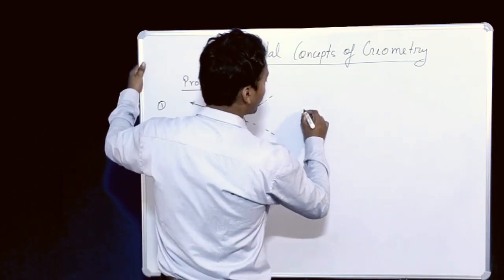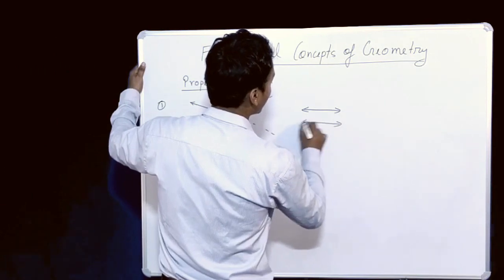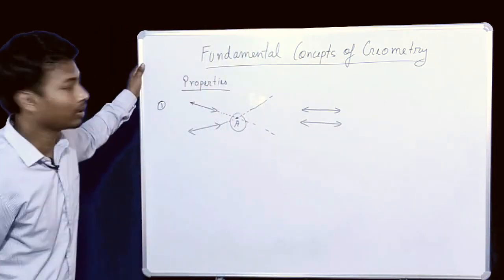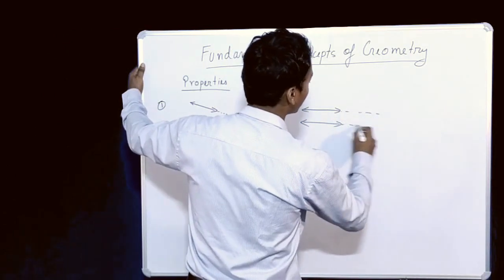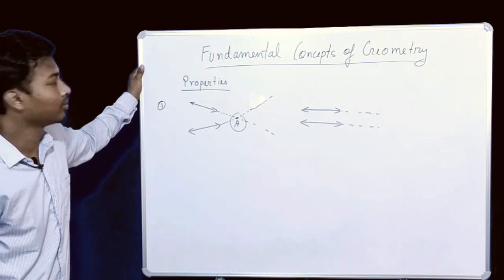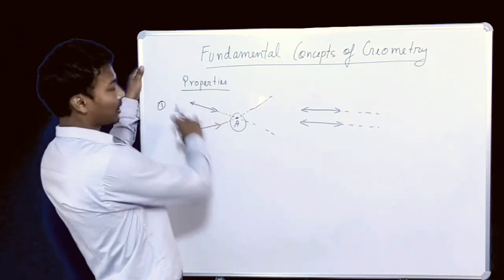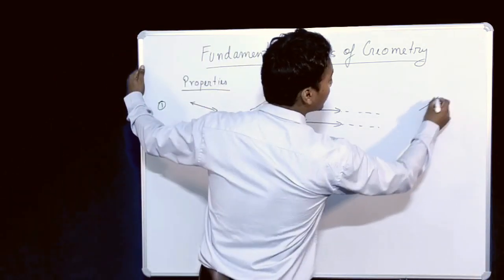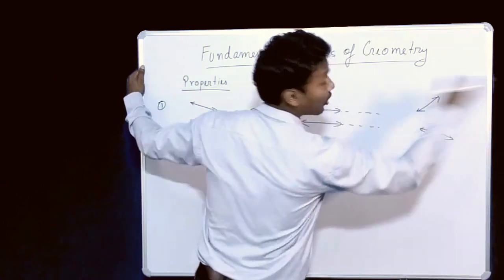So if you draw two lines like this, and if you keep on extending them, they will not meet at any point, right? It means they are parallel lines. You may be wondering, if I draw this line in this fashion, let's open it to the other side, so they are not meeting that side.